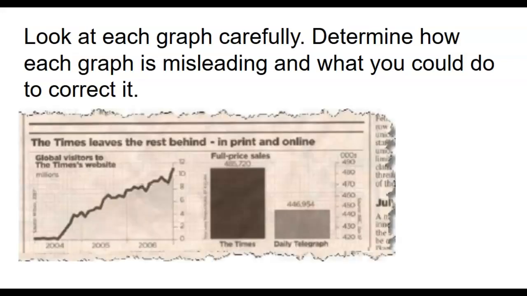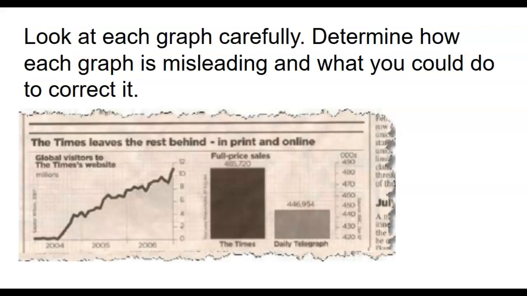There are 2 graphs in this article, and both have parts that are misleading. The title of the section that includes the graphs is "The Times Leaves the Rest Behind, in Print and Online." The problem with the graph on the left is that it only shows the Times visitors to their website. It does not show any other newspaper, so you cannot compare if they are leaving anyone else behind.